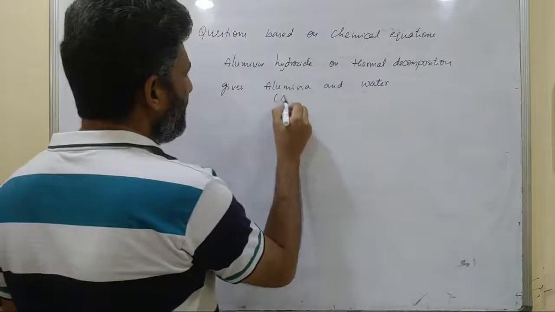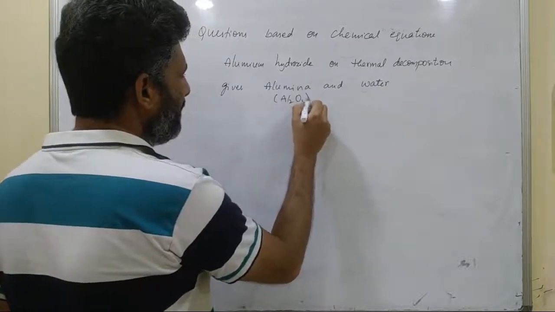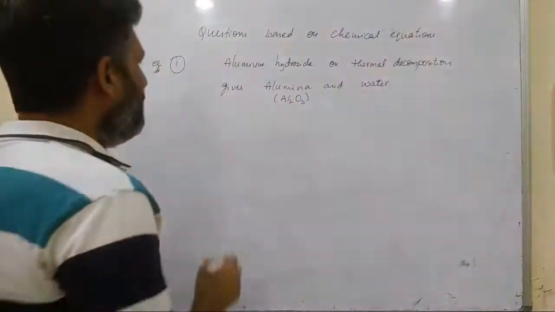So this alumina is nothing but aluminium oxide, Al2O3. So this is the equation.